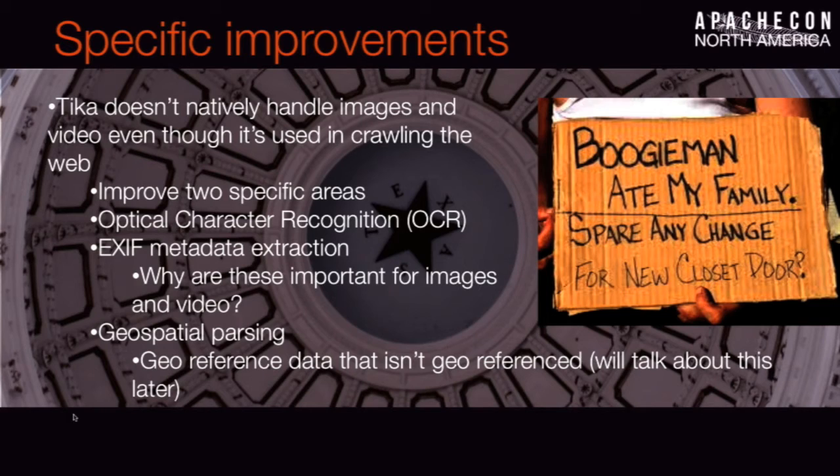So I'll talk a little bit about EXIF metadata extraction and how we can use the metadata for images to relate them, and of course geospatial parsing. The combination of these three things are three specific improvements we've been making recently for Tika to handle images, videos, and this particular type of content on the dark web.